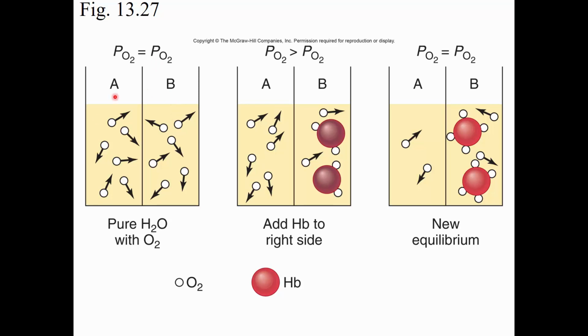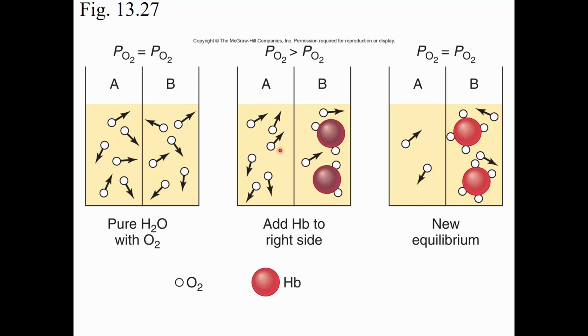So here's a liquid with some oxygen in it, and we have two equal proportions. Then we add some hemoglobin molecules on one side. So an oxygen molecule binds, another one binds, and that lowers the PO2.